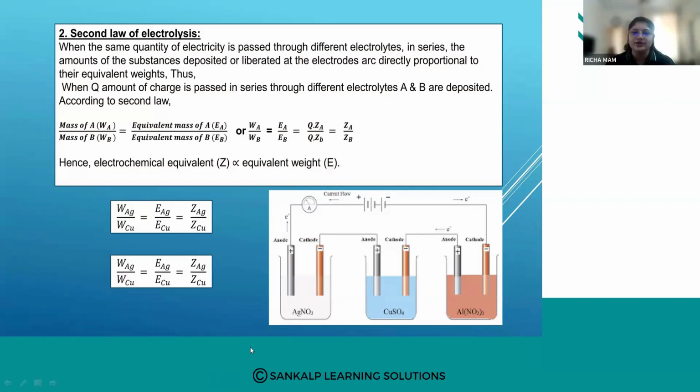Okay, fine. So let us go for the second law of electrolysis.